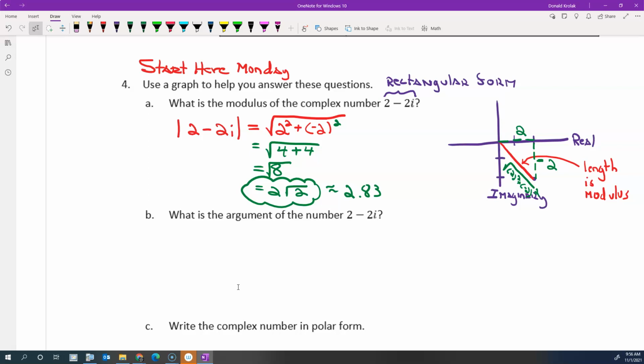All right, now the argument, guys, this is the angle of rotation. Angle of rotation, and it's always measured counterclockwise from the positive x-axis.